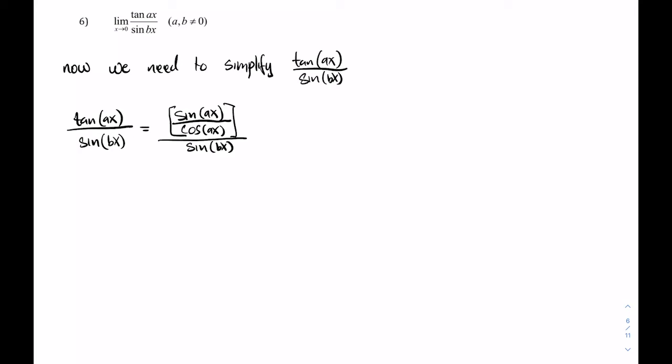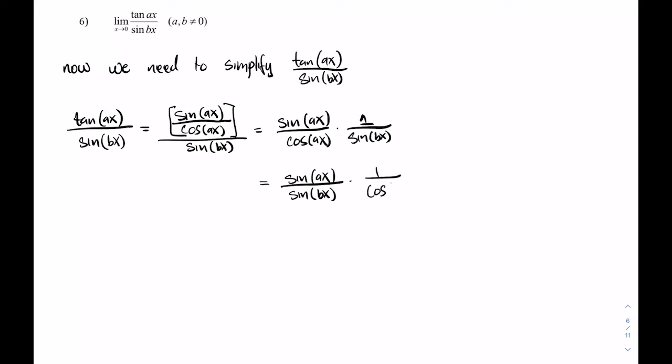So with that said, this can be simplified into sine of ax over cosine of ax multiplied by 1 over sine of bx, which is the same as sine of ax over sine of bx times 1 over cosine of ax.